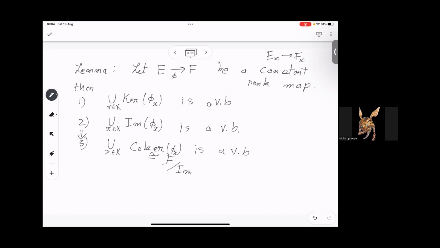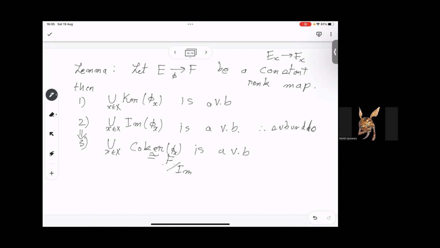So we want to prove, okay, first we have already seen that 2 implies 3, because the image is a vector bundle and therefore a subbundle. And as soon as it's a subbundle, modding out by a subbundle gives us that the co-kernel is a vector bundle. So 2 implies 3.